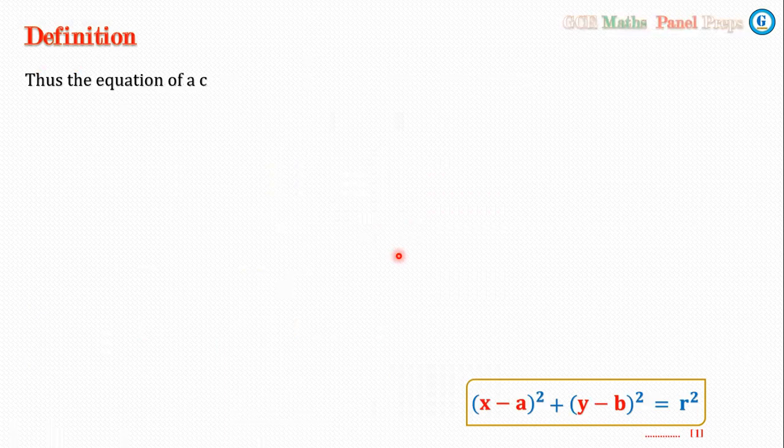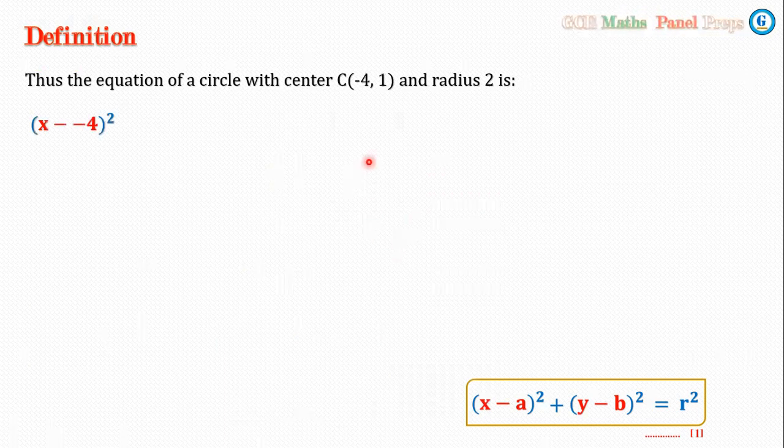So still with that definition, the equation of a circle with center (-4, 1) and radius 2 will be given by x minus the x value of the center, so x minus minus 4, because there's already a minus sign here, squared, plus y minus this y value here, y minus 1, all squared, should be equal to the square of this radius.